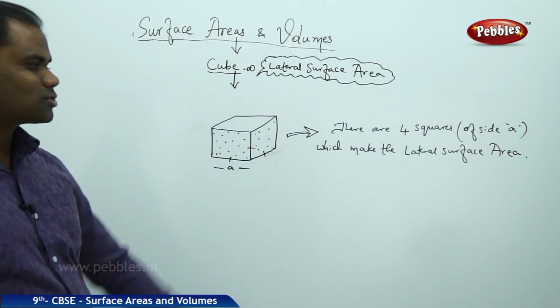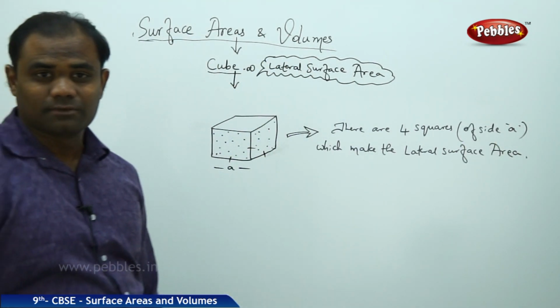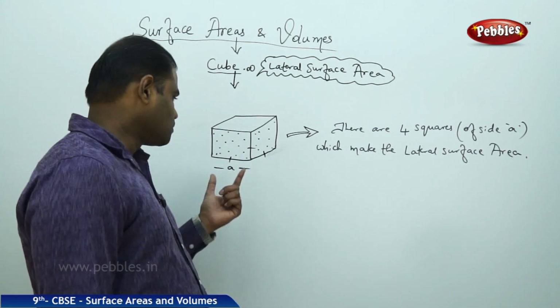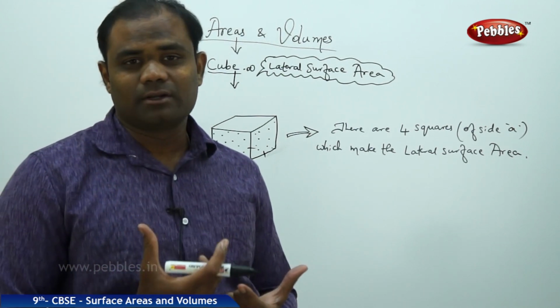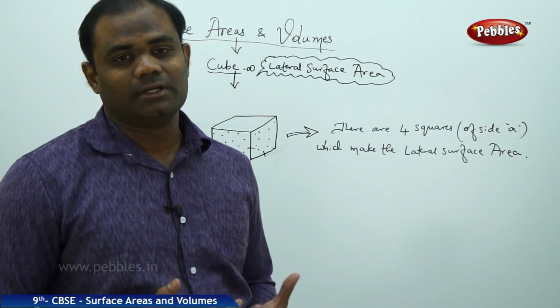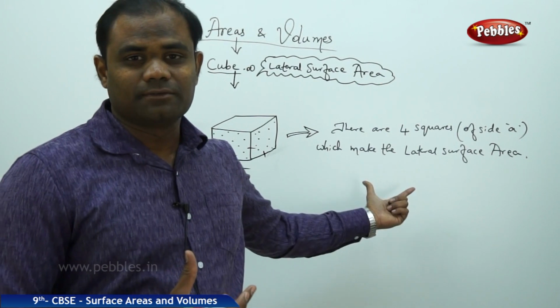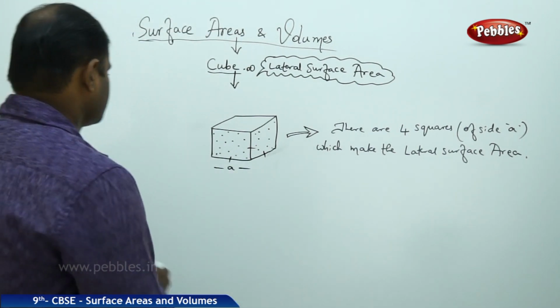Each of the squares has the area a square. So 4 times a square would be the lateral surface area. That's how we understand the lateral surface area of a cube.